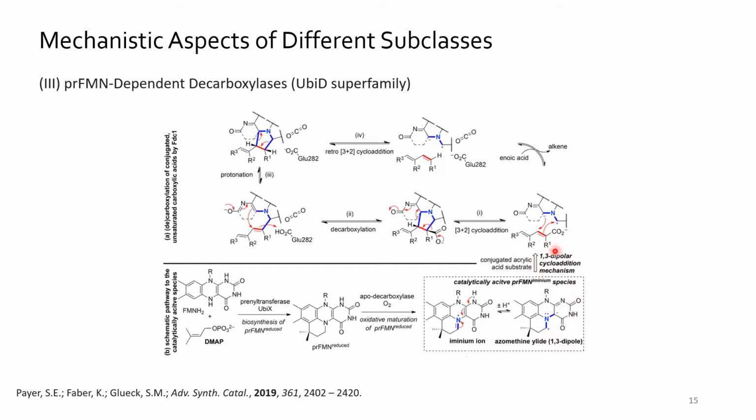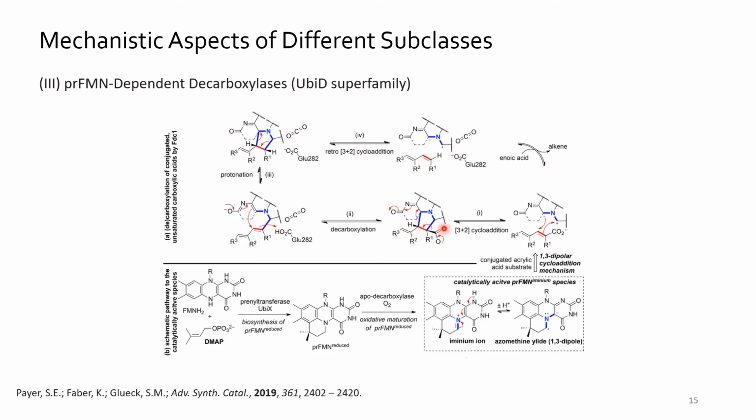And so the mechanism starts with a 3+2 cycloaddition, which leads to this 5-membered pyrrolidine ring, which is then followed by a decarboxylation. And after protonation, we again get this pyrrolidine ring species, which is then finalized by this retro 3+2 cycloaddition, yielding this final alkene product. And the catalytically active species is restored.